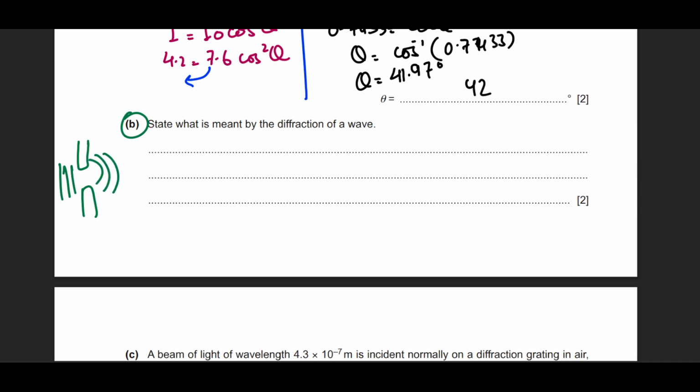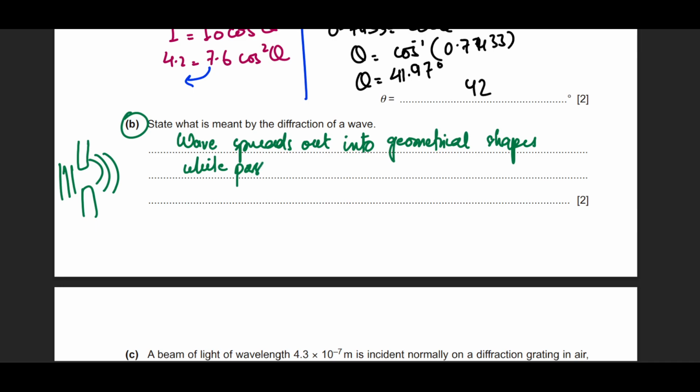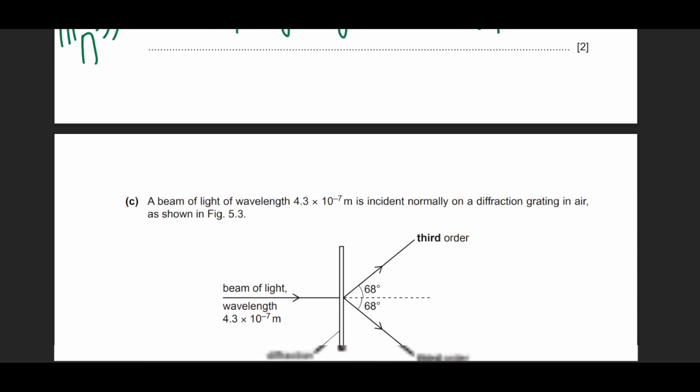So how to write this down as a typical standard answer for the marking scheme or for the examiner: the wave spreads out into geometrical shapes while passing through a narrow gap, right? You get your 2 marks.